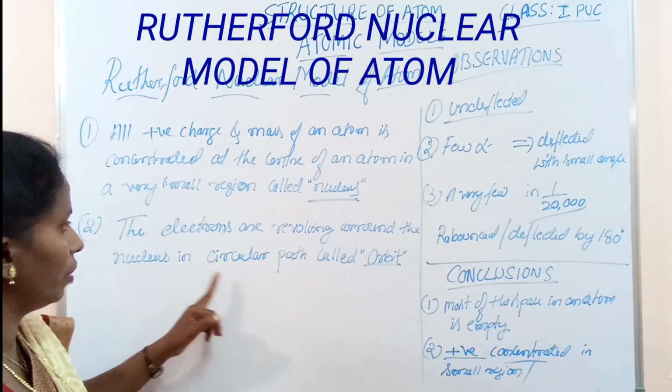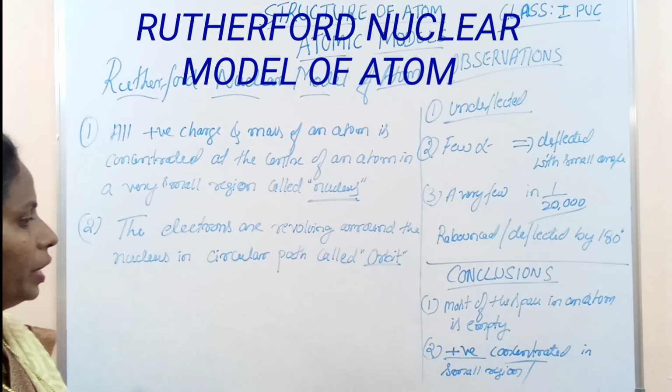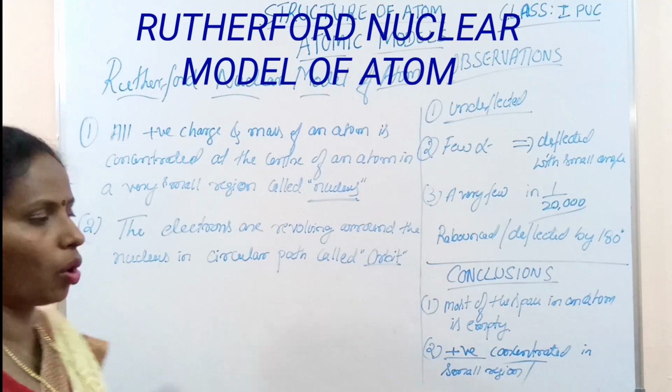All the electrons revolve in circular paths around the nucleus, and that path is called an orbit.